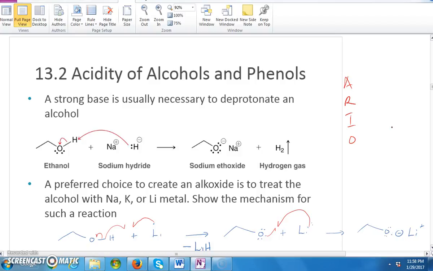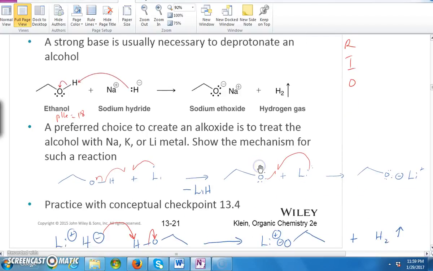So if we look at this reaction, we can see that a strong base is really necessary to deprotonate an alcohol, and that's because the alcohol is a weak acid. It has a pKa of about 18. So you need a strong base to deprotonate the hydrogen of the alcohol.